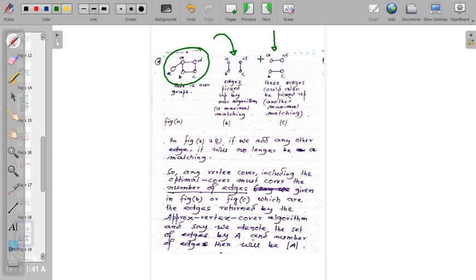And you see that this structure and this structure are, we can say, the skeleton of this graph. Skeleton.